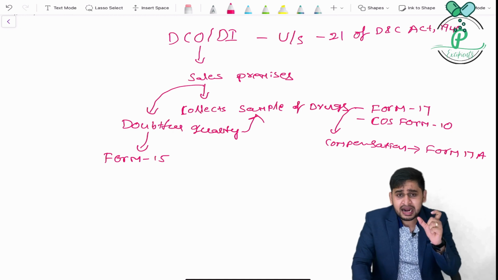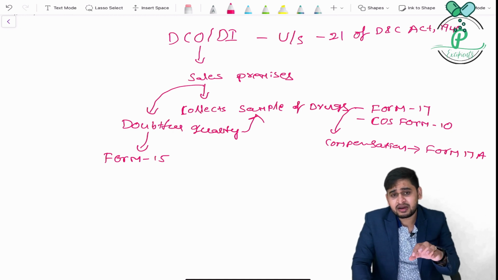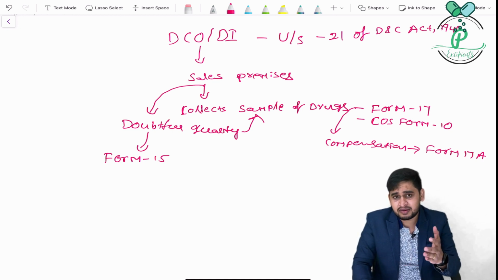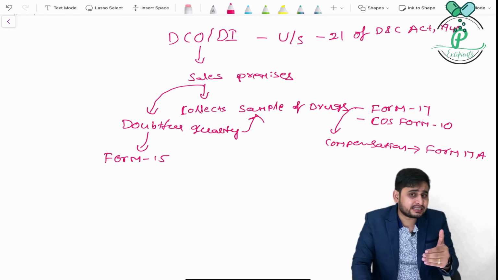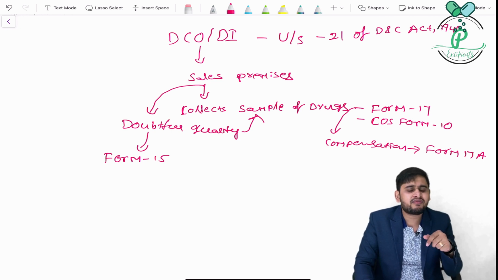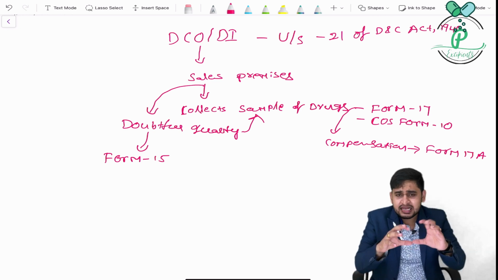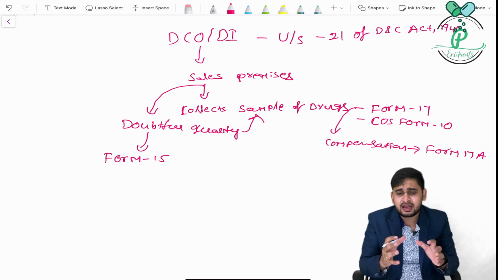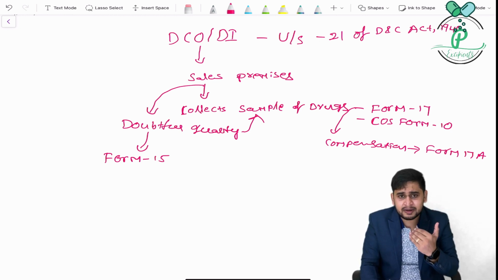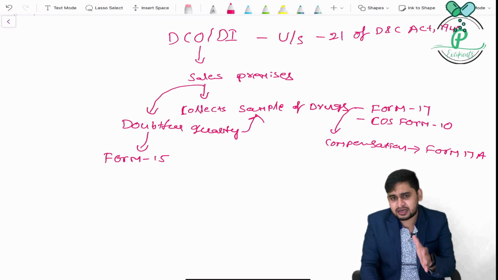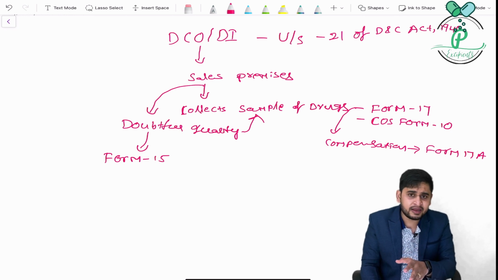Clear? Until the sample report is received by the drug inspector, doubtful quality drugs should not be disposed of or sold further. These drugs would be frozen, and after receiving the report, the concerned drug inspector would intimate the shopkeeper if the sample is of standard quality.